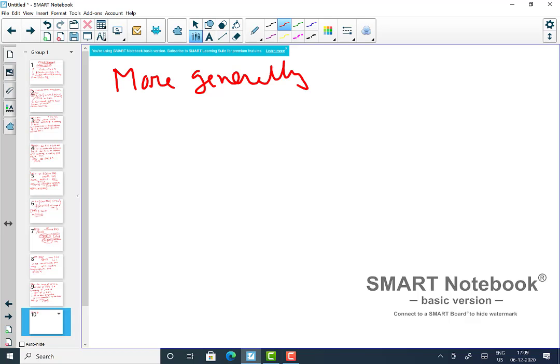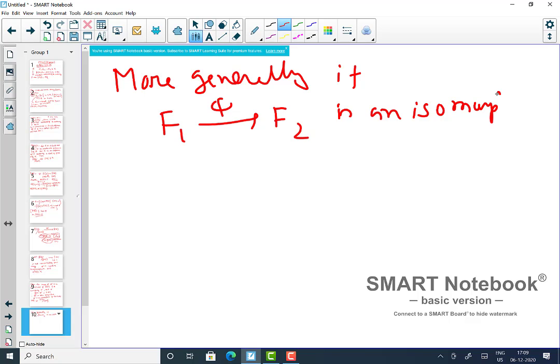More generally, suppose you have an isomorphism phi from a field F1 to a field F2.